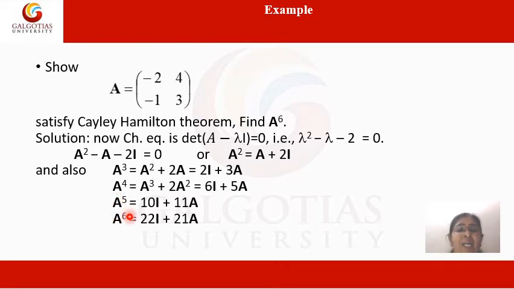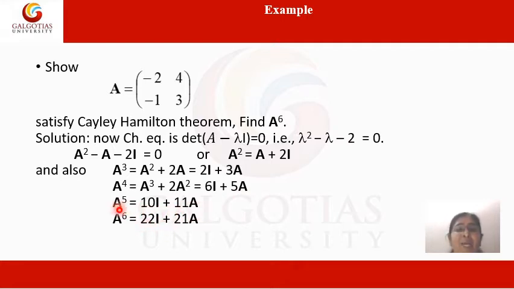Again I have to find A^5. So I will multiply this equation with A again. So A^5 will be 6I into A plus 5 into A^2. Then again substituting the value of A^2, I will get 10I + 11A.